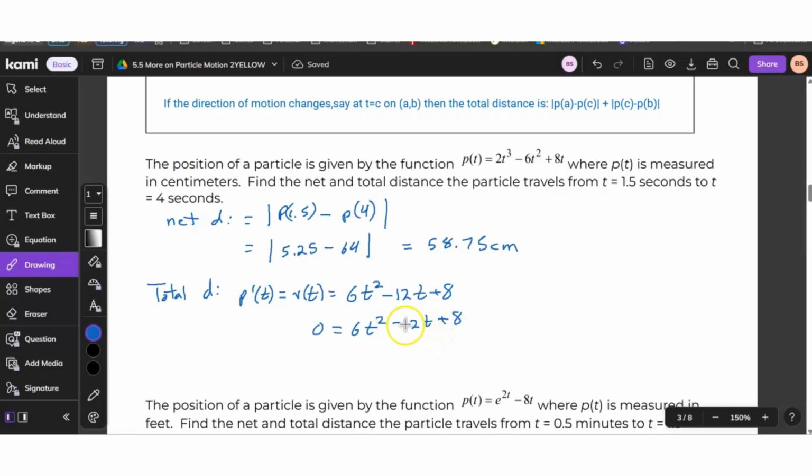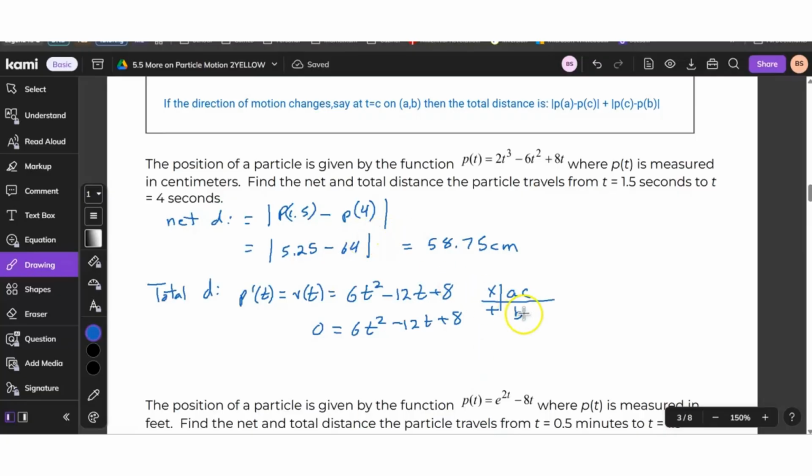All right, something that multiplies to positive 48 and adds to negative 12. 6 times 8 is 48, so I need to multiply to that, and I need to add to negative 12, the middle number. It has to multiply to A times C, and you add to B, always.